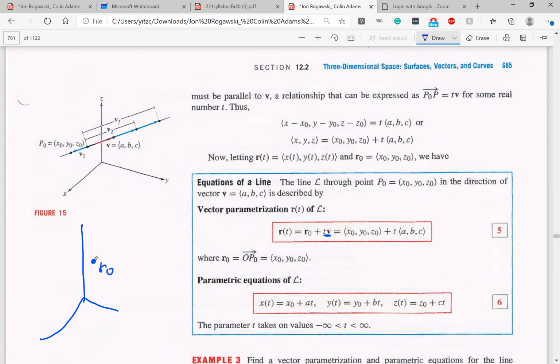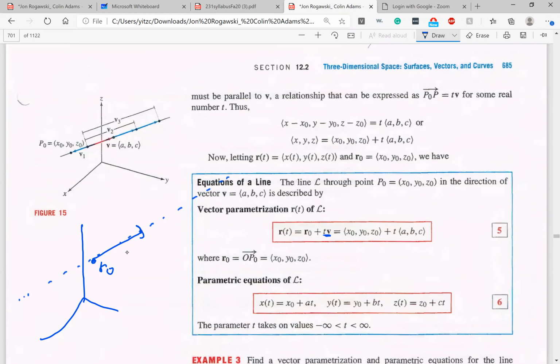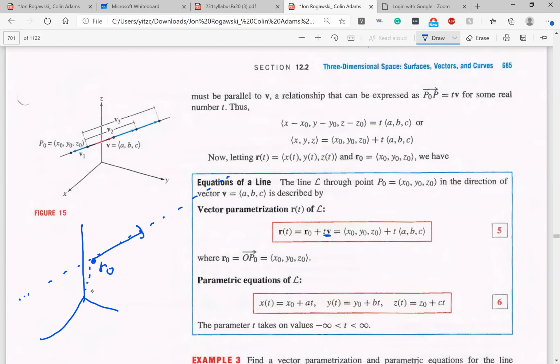Then you can look at the vector v pointing away from r naught, and you can find the line that goes through this vector. So you can imagine a line like this. And how do you do that? Well, you just look at r naught plus, so you can imagine this as a vector here, plus tv. That's going to end up giving you this vector pointing at this point over here.